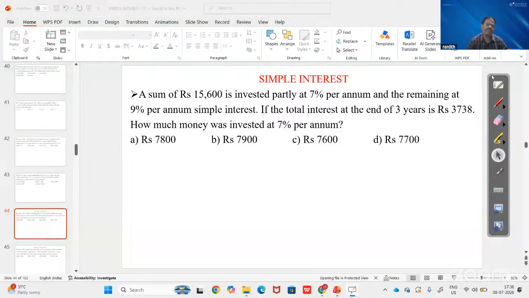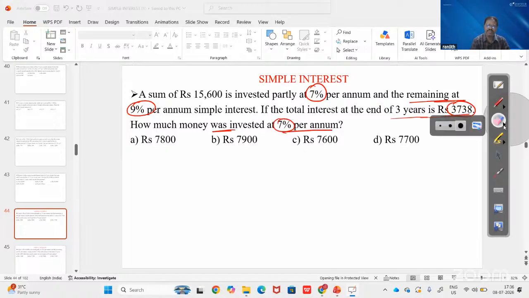A sum of 15,600 invested partly at 7 percentage per annum and the remaining at 9 percentage per annum. If the total interest at the end of 3 years will be equal to 3,738, how much money was invested at 7 percentage per annum?